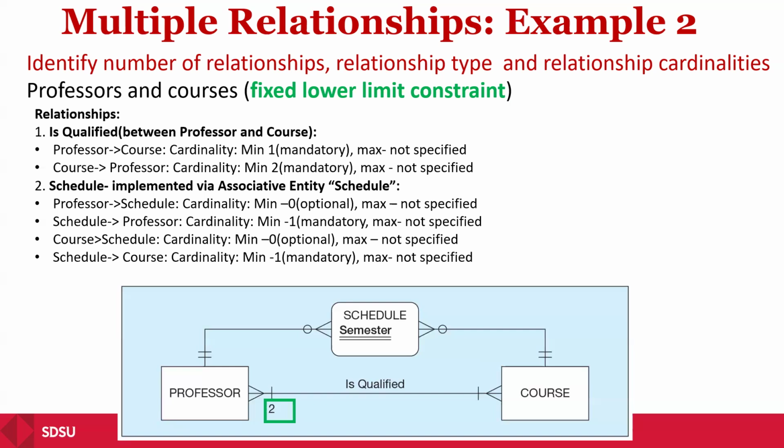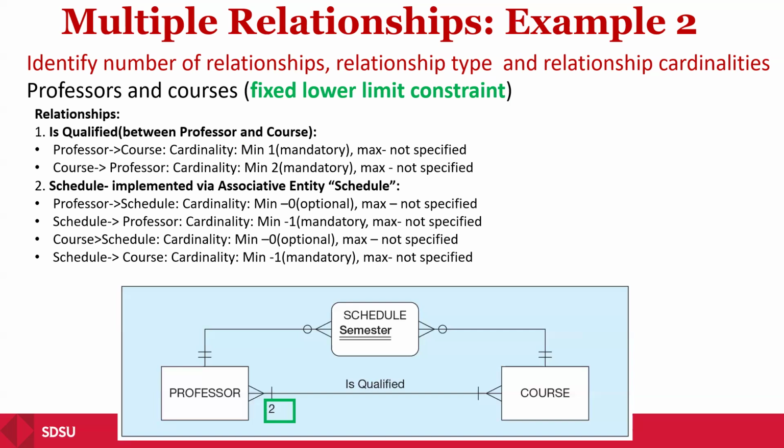Another relationship is from the course to a professor, with minimum cardinality two, which is a fixed lower constraint. The relationship is mandatory, but we haven't looked at examples yet where minimum cardinality is more than one, and we don't know the maximum. So that describes the is qualified relationship.